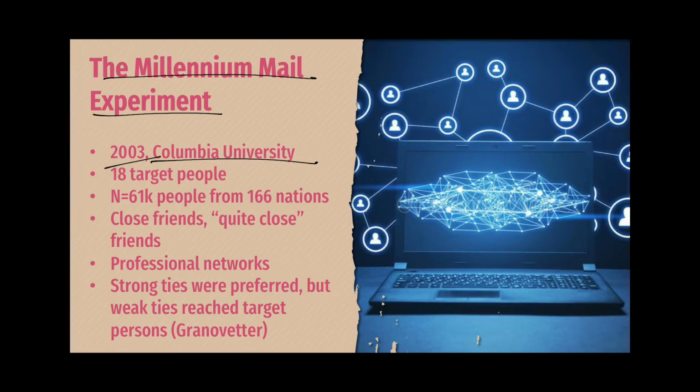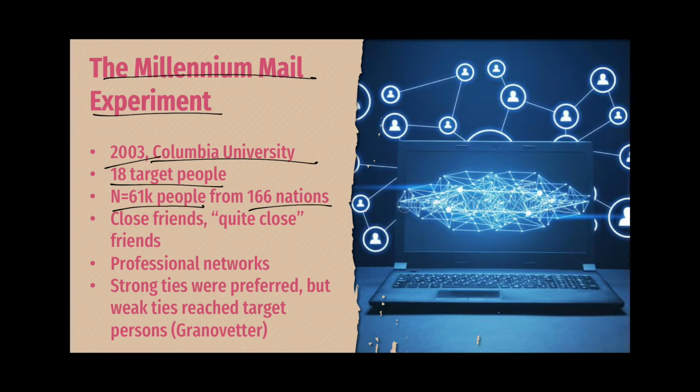So they identified 18 target people from all over the world, and the number of starter people they included were 61,000, and they come from 166 nations. So this is a global experiment. So what was found out is that, yes, most of the starter people were able to reach the target people that they didn't know based just by using the emails.